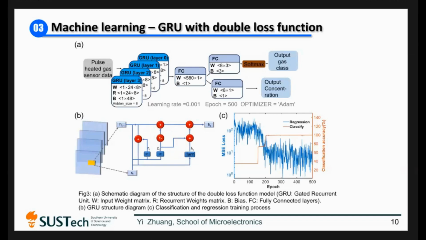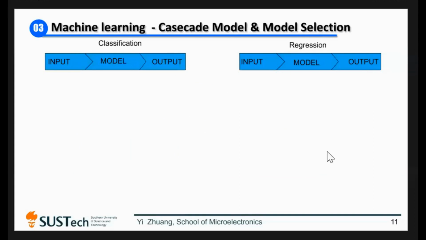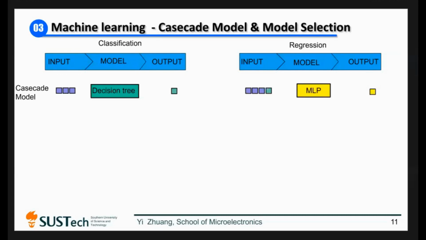Those are the hyperparameters of this model. The next model I will introduce is model stacking. It has two approaches. One is a cascade model, and the other is model selection.